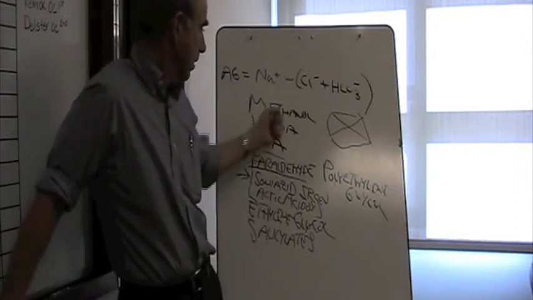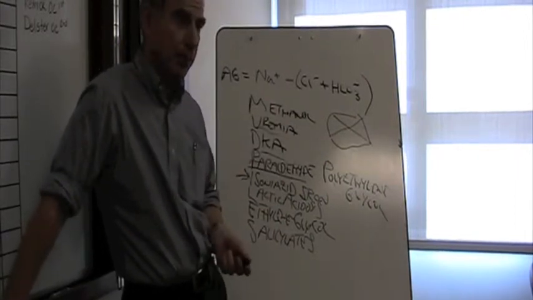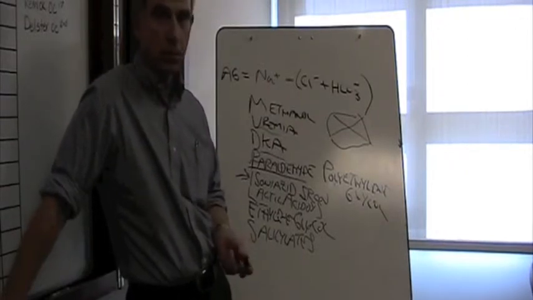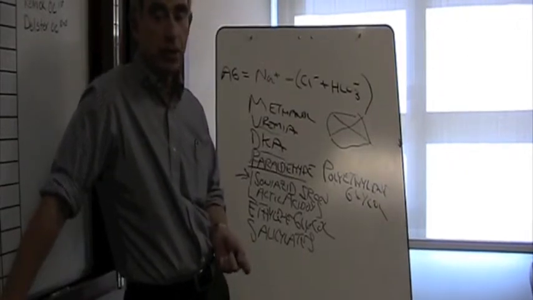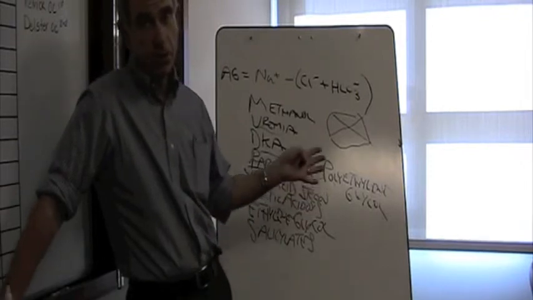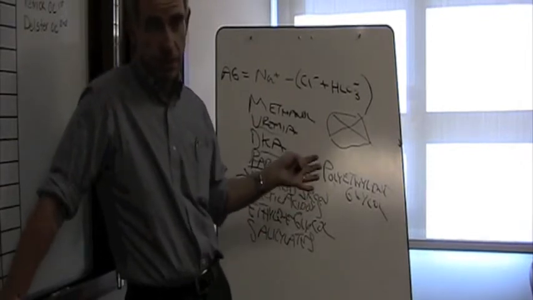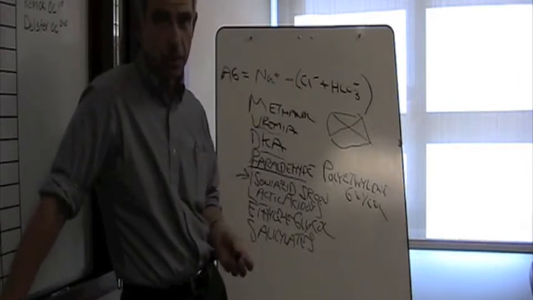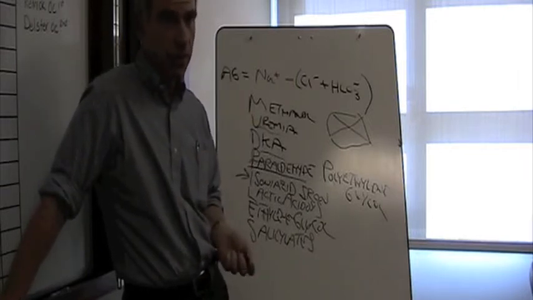Okay, so what about methanol? How do you diagnose that? Any visual problems? So the classic person with methanol overdose is blind and drunk, right? So what kind of eye problem do they get? What does it do to the eyes?